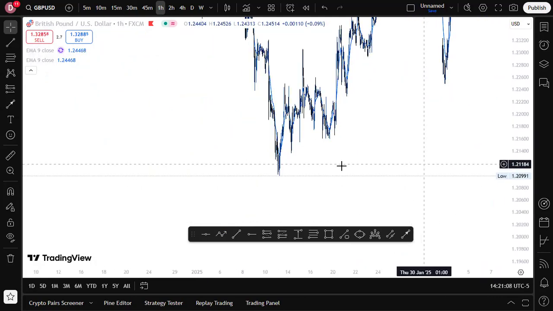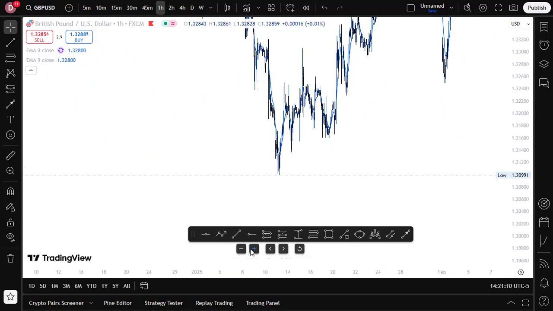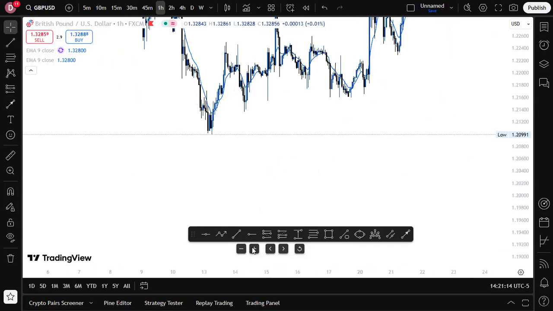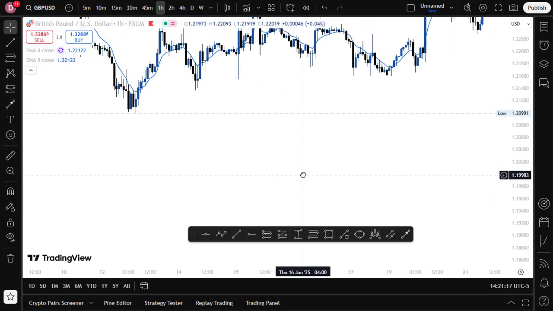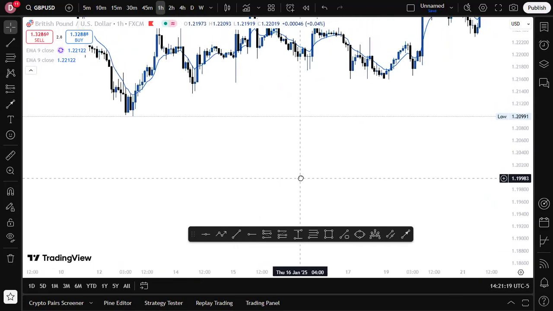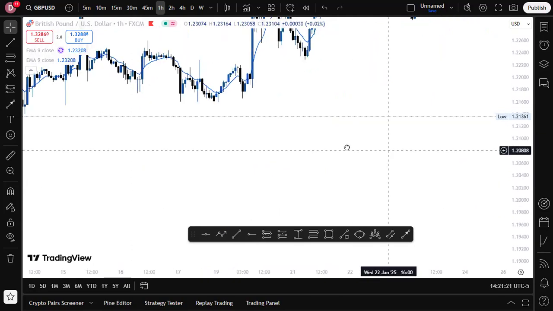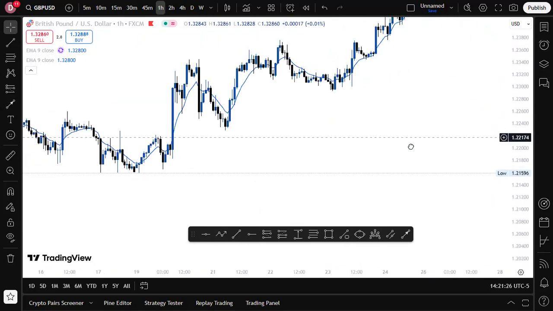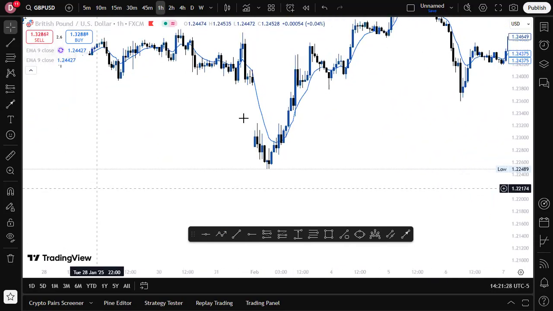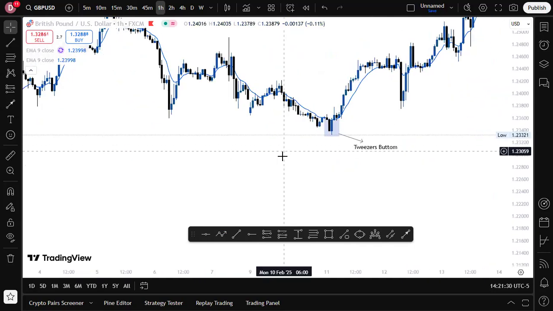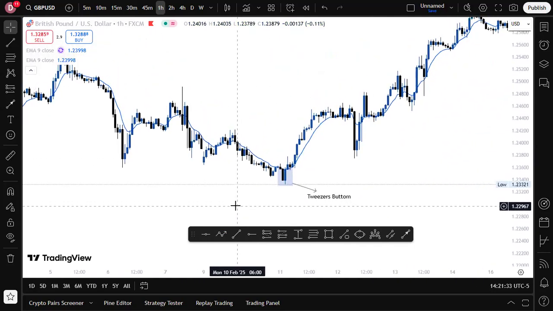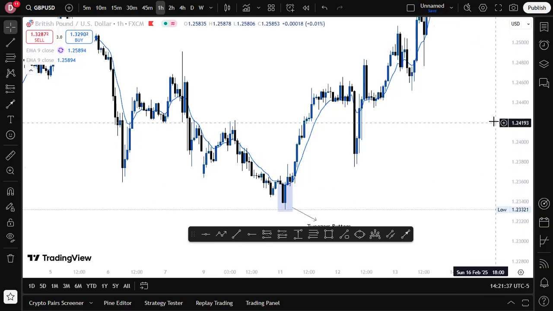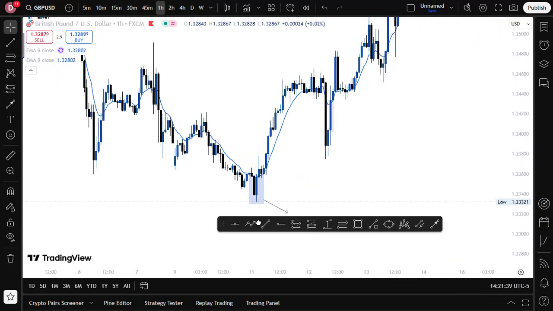Okay, so this is an example of a tweezer bottom, right? This is an example of a tweezer bottom.